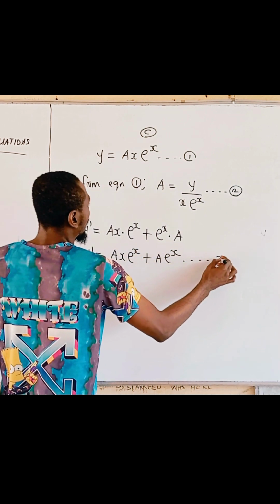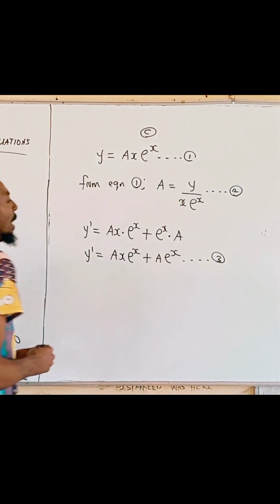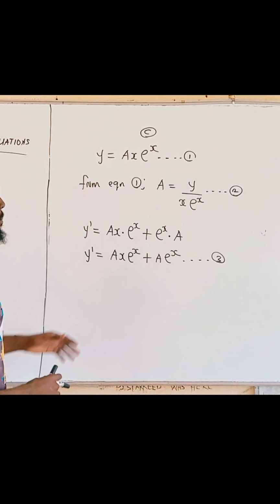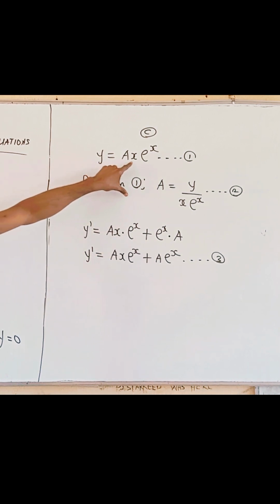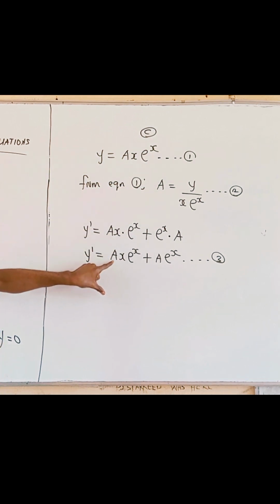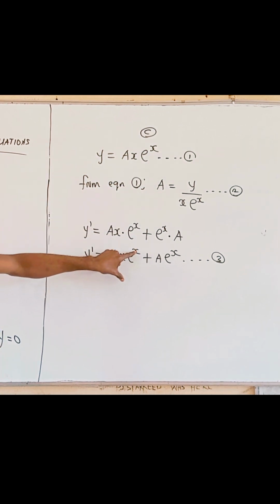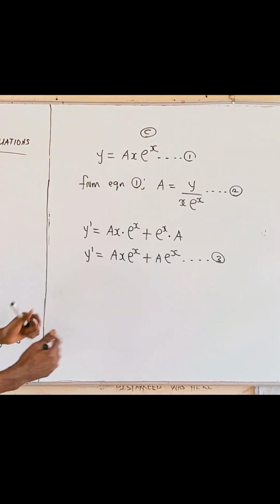This is equation 3. So now, how do we eliminate the arbitrary constant? You find out that equation 3 and equation 1 have something in common. You can see ax exponential x here, and you can also see ax exponential x here. So we can say equation 3 minus equation 1 to see how it's going to look.